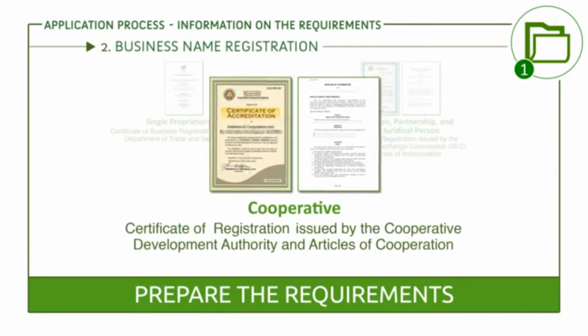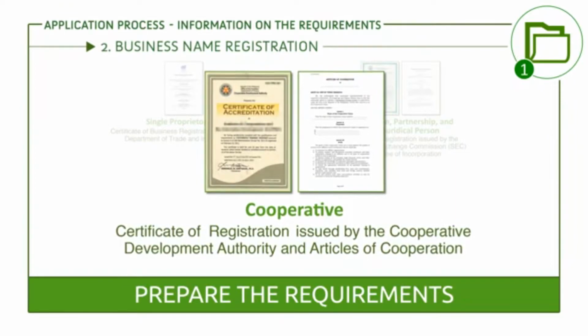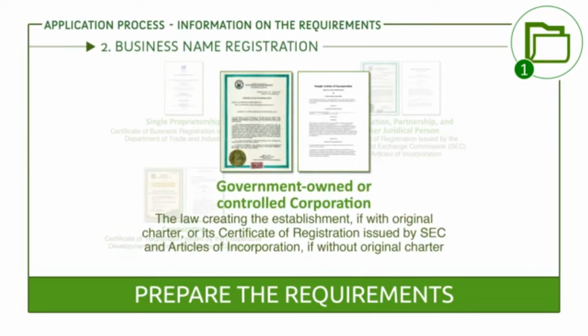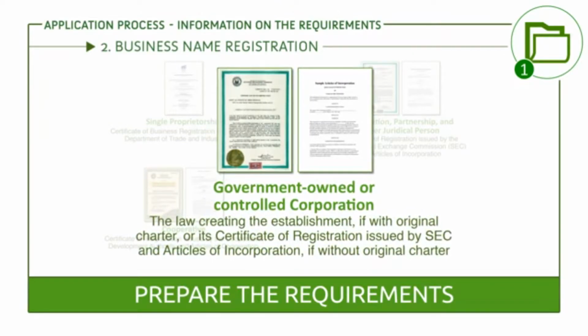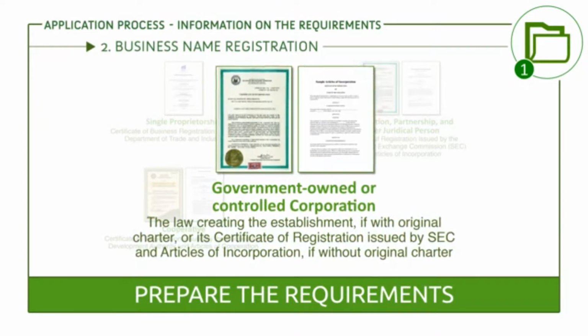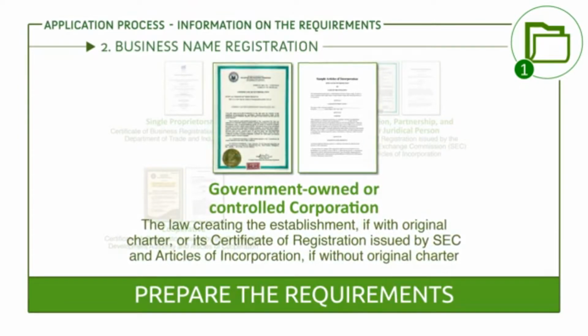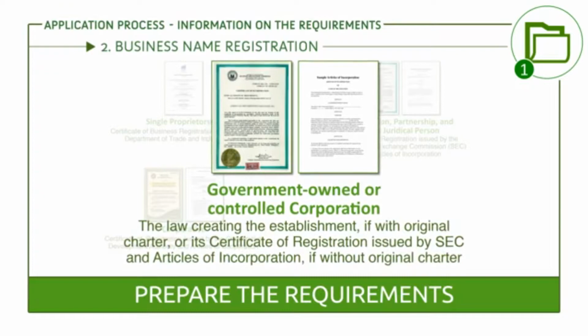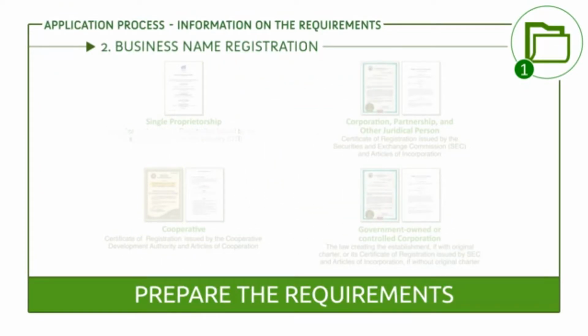For cooperative, certificate of registration issued by the Cooperative Development Authority and articles of cooperation. For government-owned or controlled corporation, the law creating the establishment, if with original charter, or its certificate of registration issued by SEC and articles of incorporation, if without original charter.